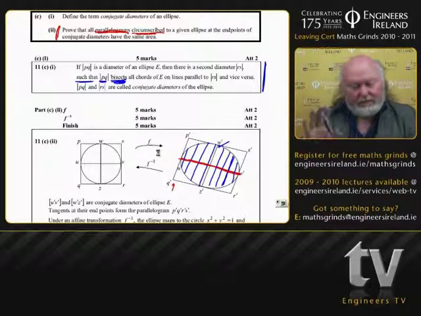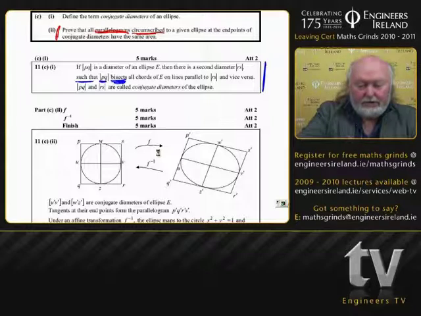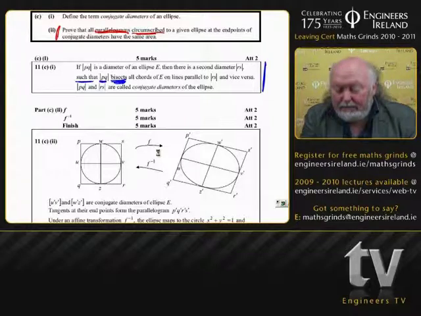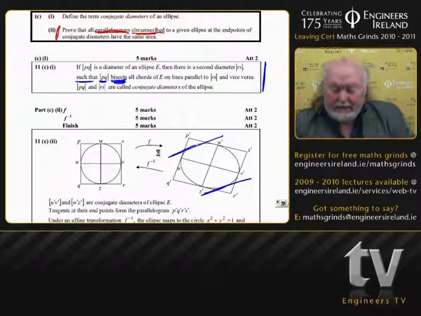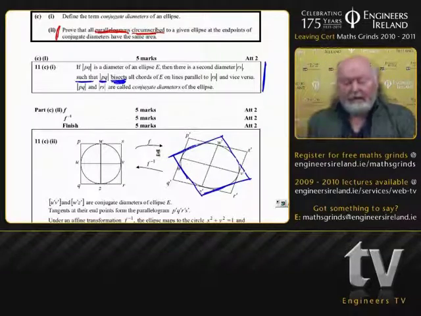Now, I may not get this quite right, but forgive me if I don't, and let's pick another one. And these are meant to be parallelograms. Not too bad. So that's two of them.